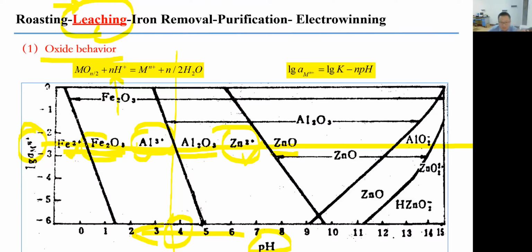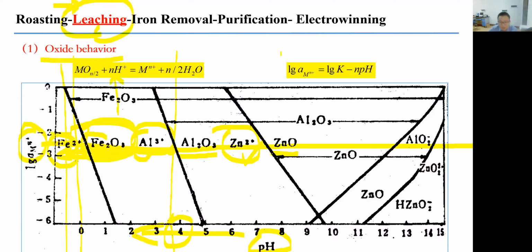But the iron will be present as precipitate or in the leaching slurries. But if we go to more acidic conditions, like a pH value smaller than 0 or just equal to 0, we can find that the ferric oxide will be leached out. We will have ferric ions in the system.